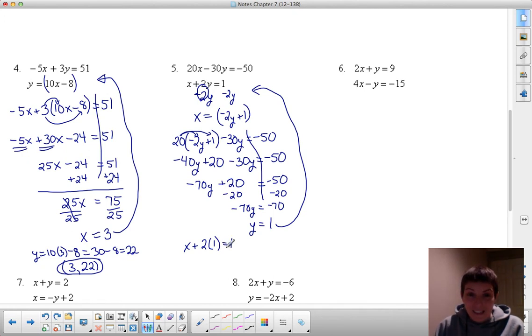I picked the easy one. x plus 2 is equal to 1, so x has to equal negative 1, and that makes my solution negative 1, 1. That's the point where those two lines intersect.